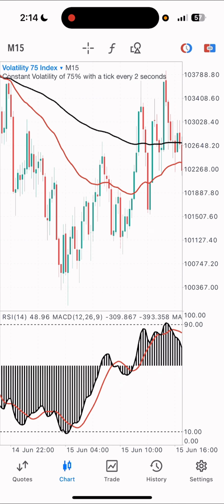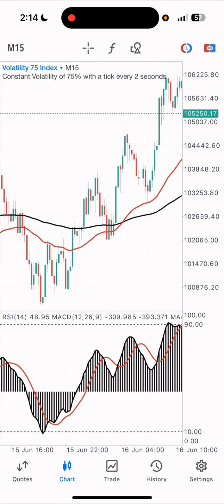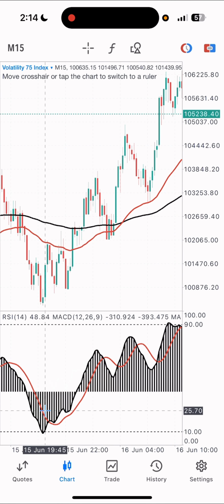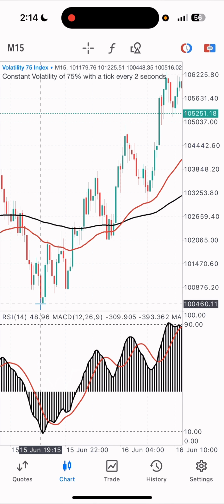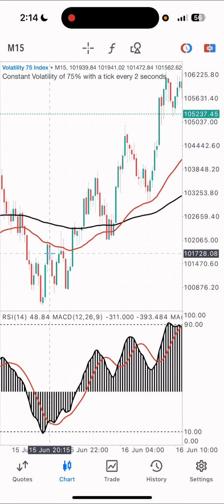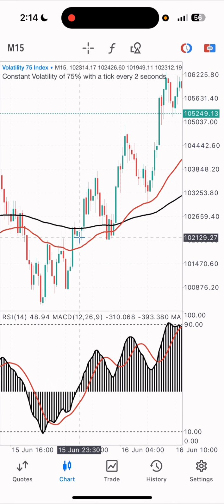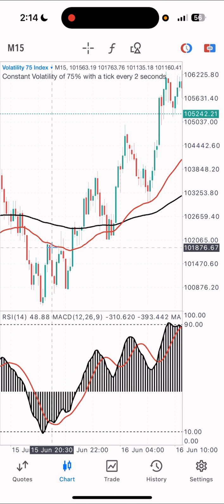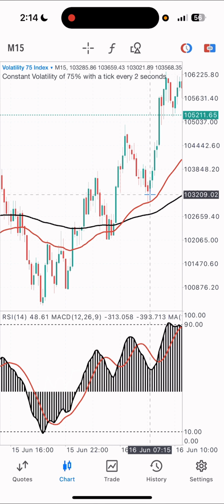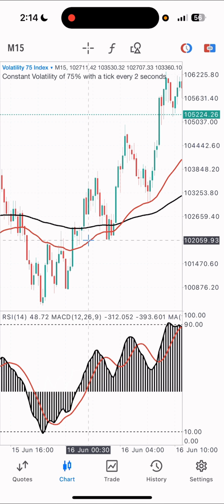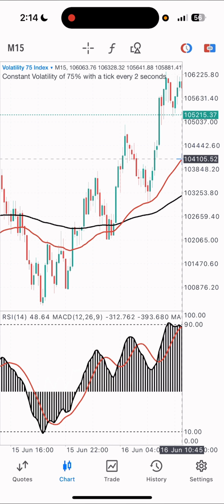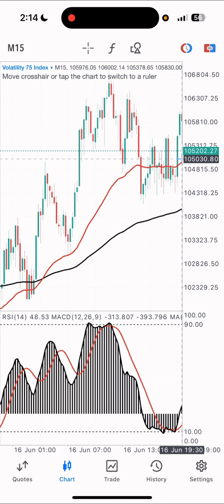If you trace it from this point, when the black moving average gets to the level of 10, the market began to buy from this point. The long-term buy continued, and the red moving average stayed above the black moving average, as you can see.